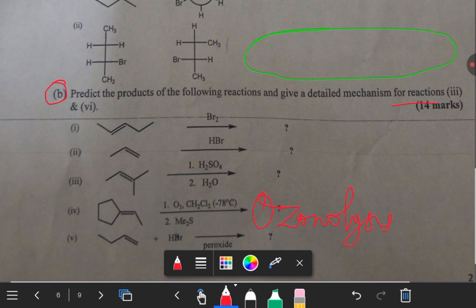So what we have is this compound, then it is reacting with the ozone there, then with CH2Cl2 at this temperature of negative 78 degrees, and methyl sulfide as another reagent.